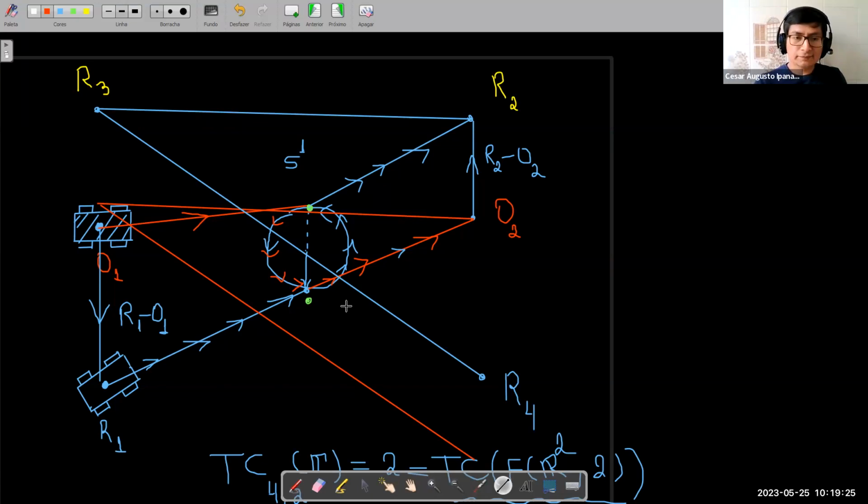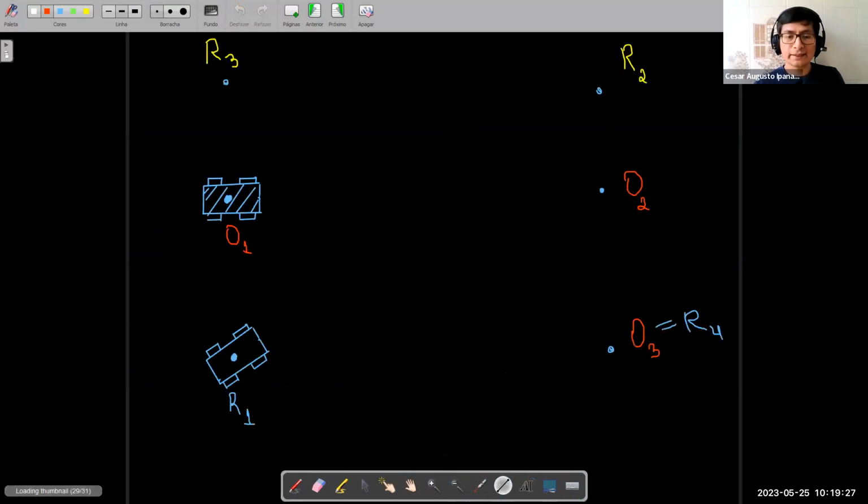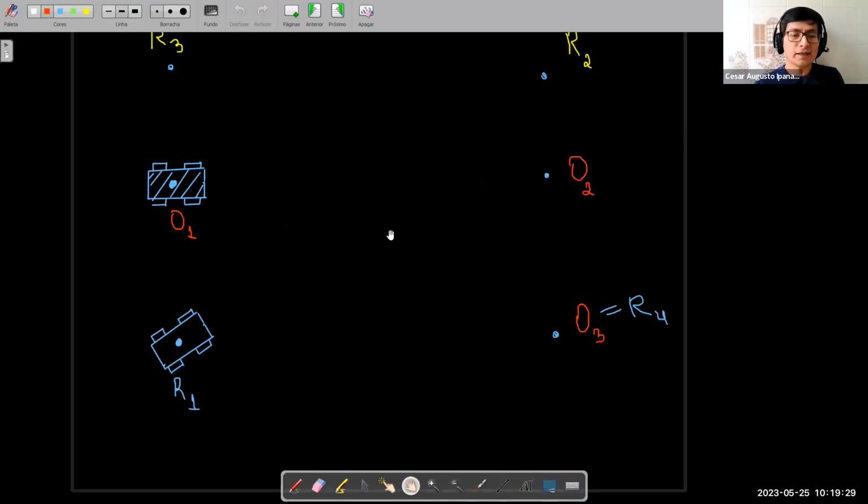Okay, and similarly in this case, now we can move these robots and these obstacles, but we ask that the obstacles and the robots pass through this intermediate position.